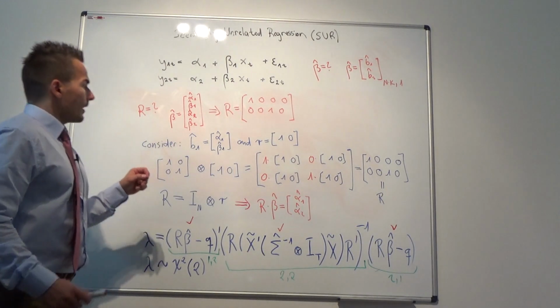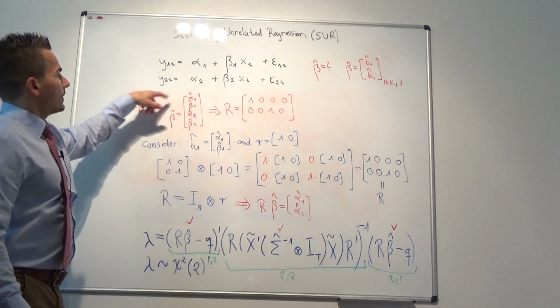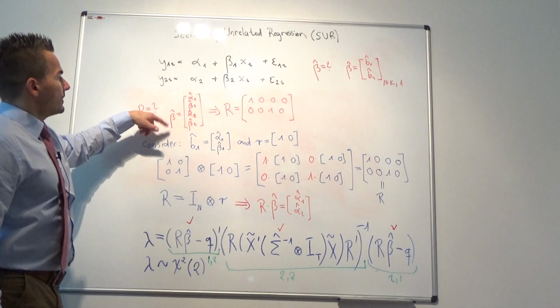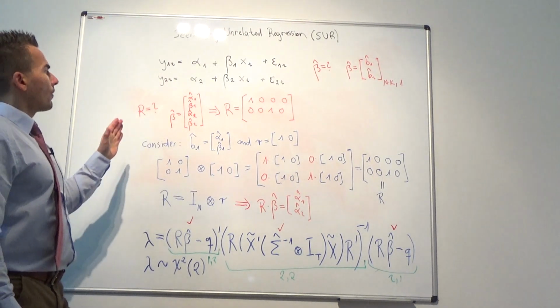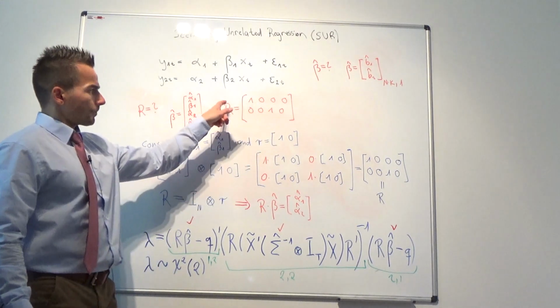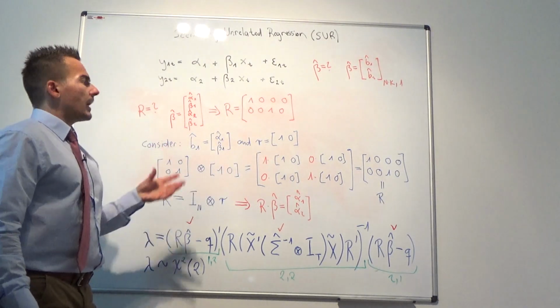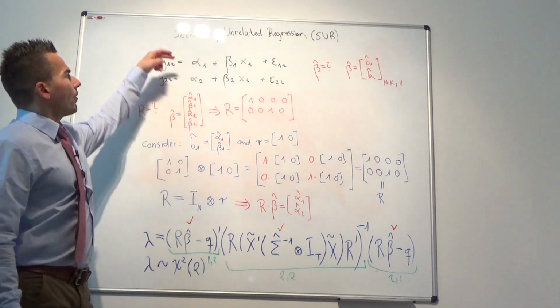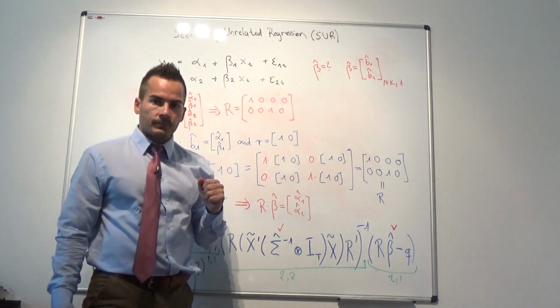Well, let's say that we have our vector of point estimates beta hat. Then our R should indicate for each equation where to find the corresponding parameter estimate that we want to test.